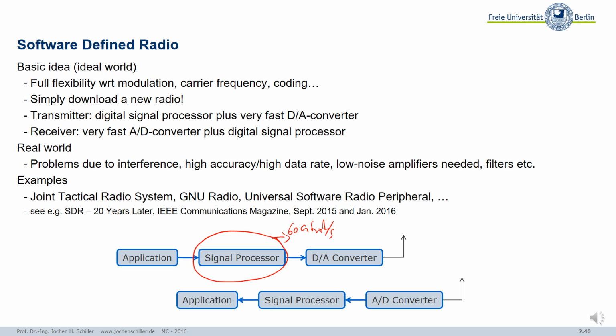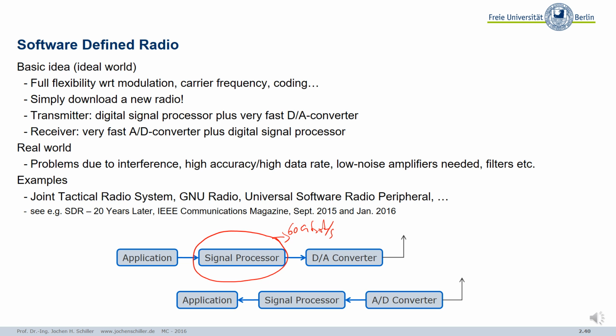But that's the idea. Ultra-fast digital to analog conversion, and on the receiving side, you have an ultra-fast analog to digital converter, converting everything you receive from 0 to 100 gigahertz, everything. Okay, that means Nyquist, Shannon, 100 gigahertz, okay, this should be 200 gigahertz fast. Okay, that's a lot, but in theory feasible.